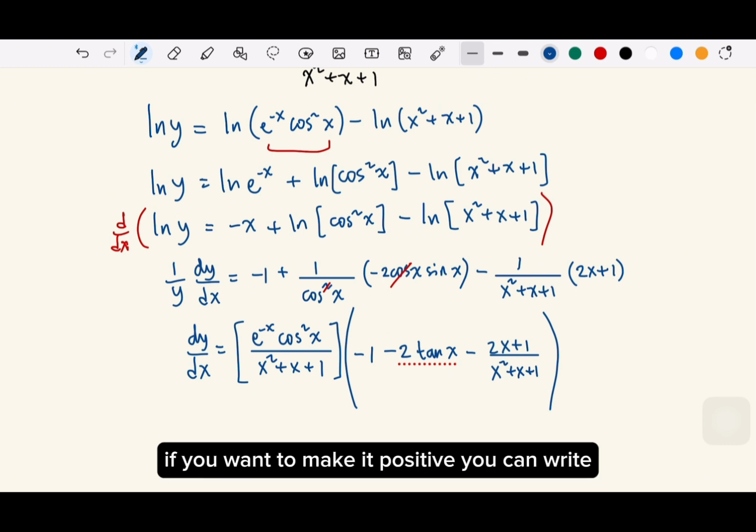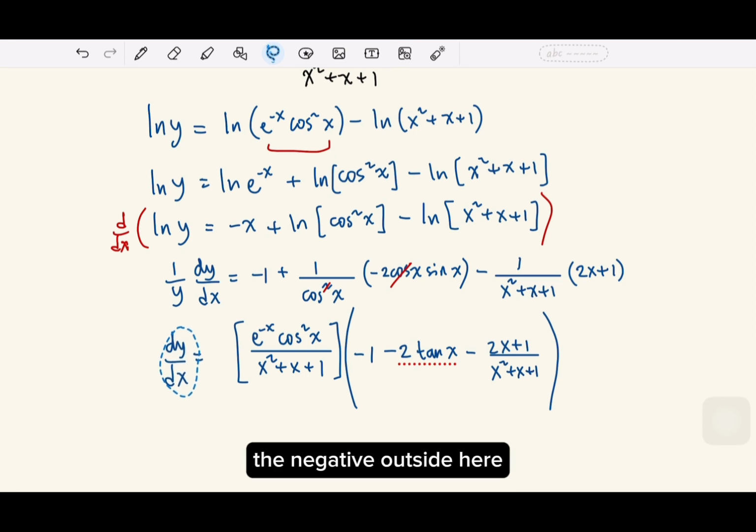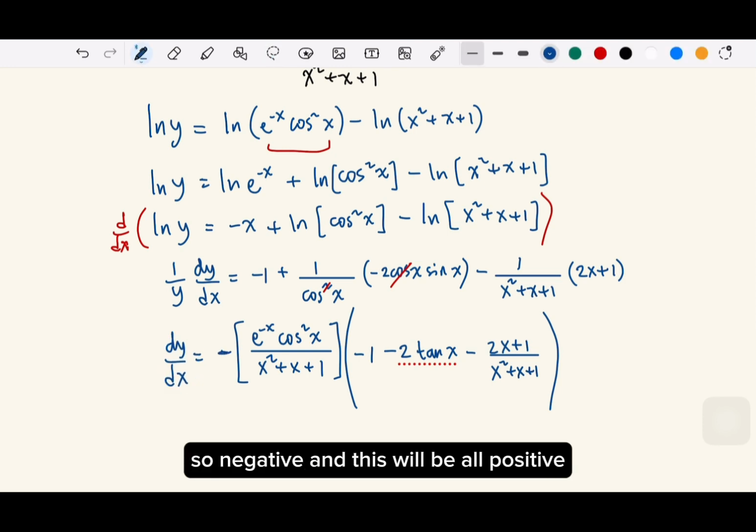If you want to make it positive, you can write the negative outside here. So negative, and this will be all positive.